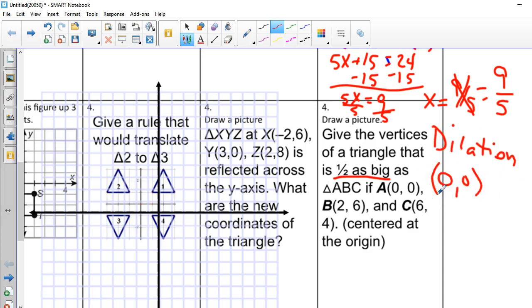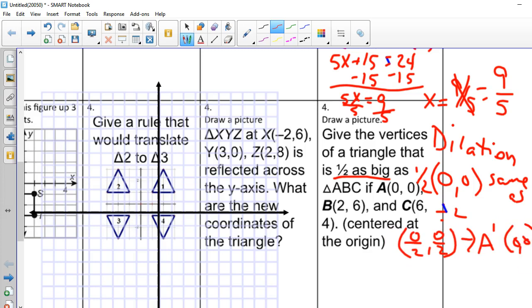And when you multiply by 1/2, that's the same as dividing by 2. So what I'm going to do is say, well, 0 divided by 2 and 0 divided by 2 will produce a new A prime that's still at 0, 0.